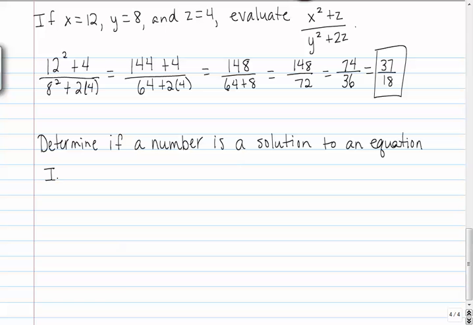Okay, is 6 a solution of 3x minus 10 equals 8?